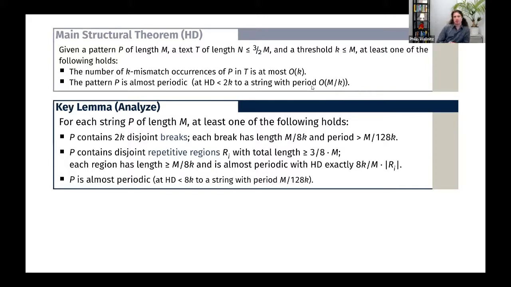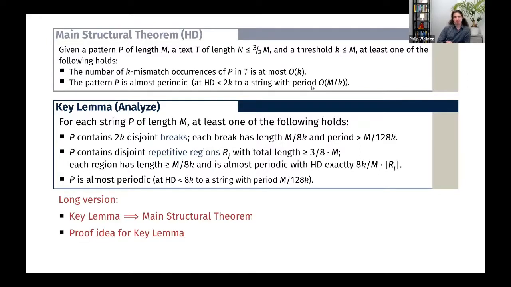Either the string P has 2k disjoint breaks, where a break is a long non-periodic part of the string, or alternatively, P has disjoint repetitive regions with a total length that covers a constant fraction of the text, and each repetitive region by itself looks almost periodic. Or the third case is that the string was almost periodic to begin with. And now you can quite easily see that this key lemma implies the main structural theorem.